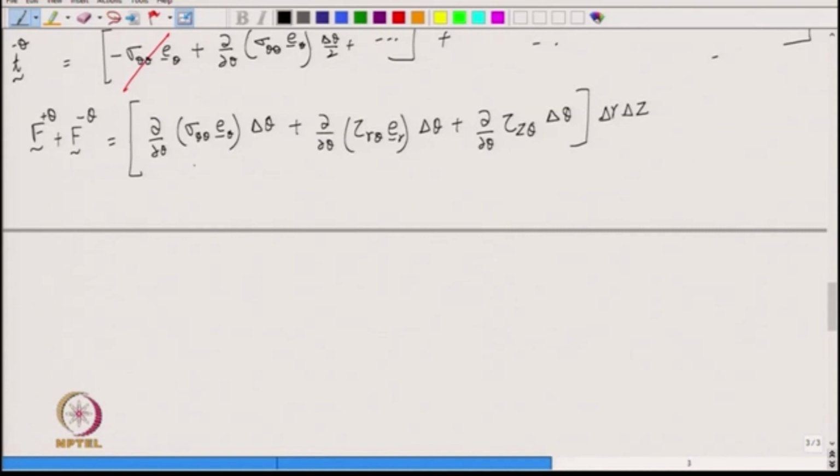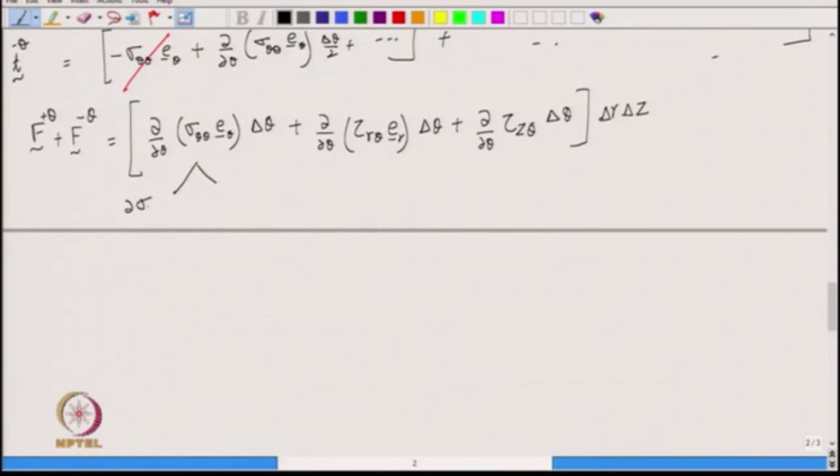So, this one for example gives me del sigma theta theta over del theta times E theta plus sigma theta theta into del E theta by del theta, and recall it from our last class, that was simply minus of E r, is not it. So, this becomes minus of E r, correct. So, you get two terms here.